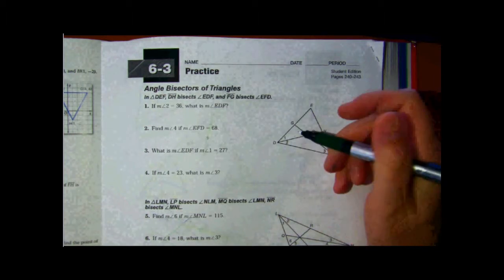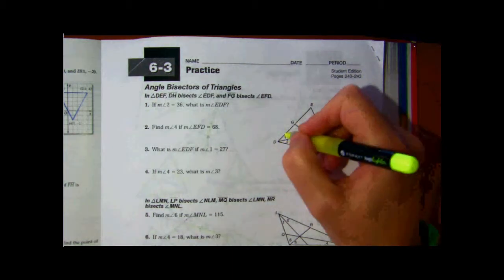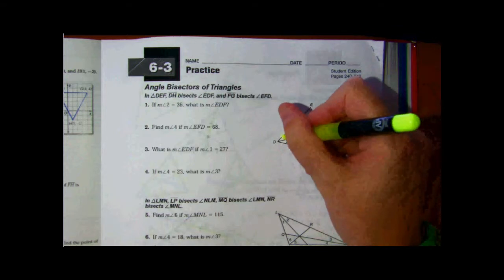Okay, if I tell you that these are angle bisectors, what does that tell you about 1 and 2? If this is an angle bisector, what are 1 and 2? They're the same. And 3 and 4 are the same.